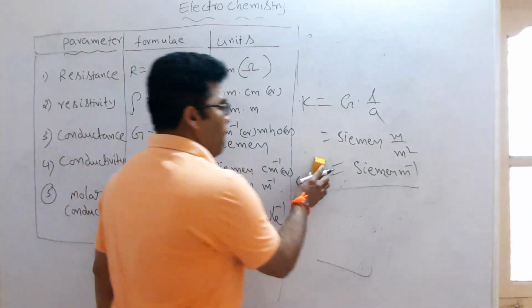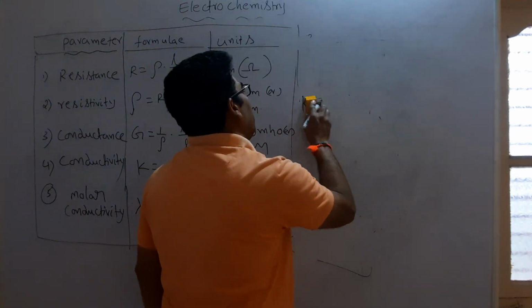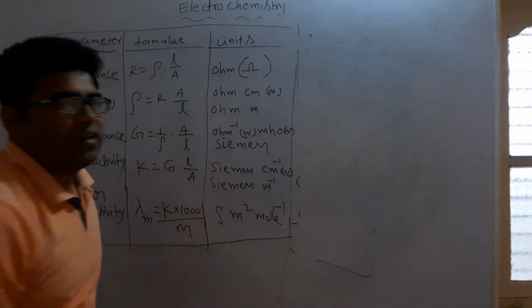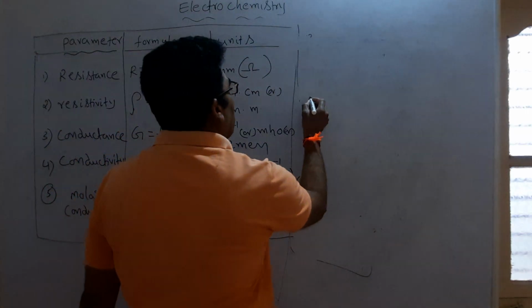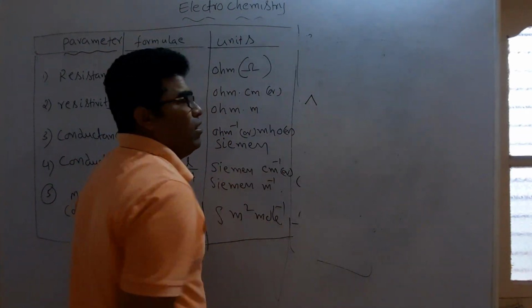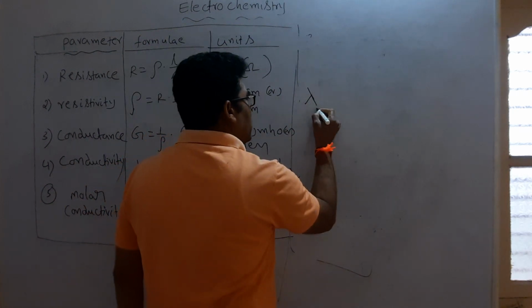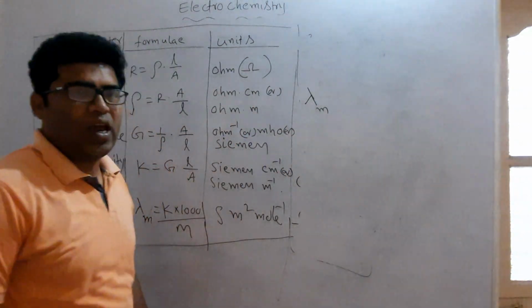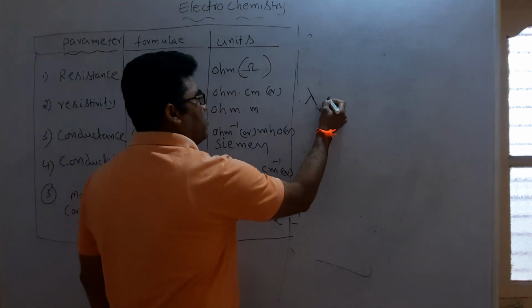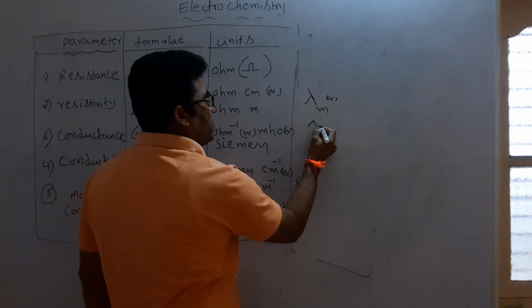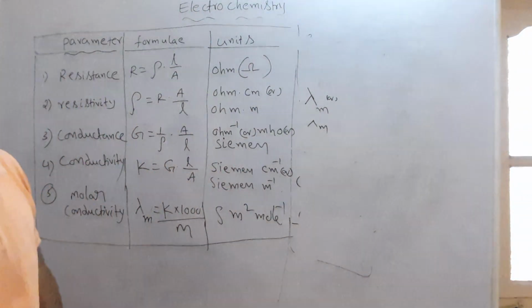Now next one, molar conductivity. Simply here I am going to give you the molar conductivity formula. Molar conductivity is equal to lambda m. Sometimes in the books they represent it like that also.